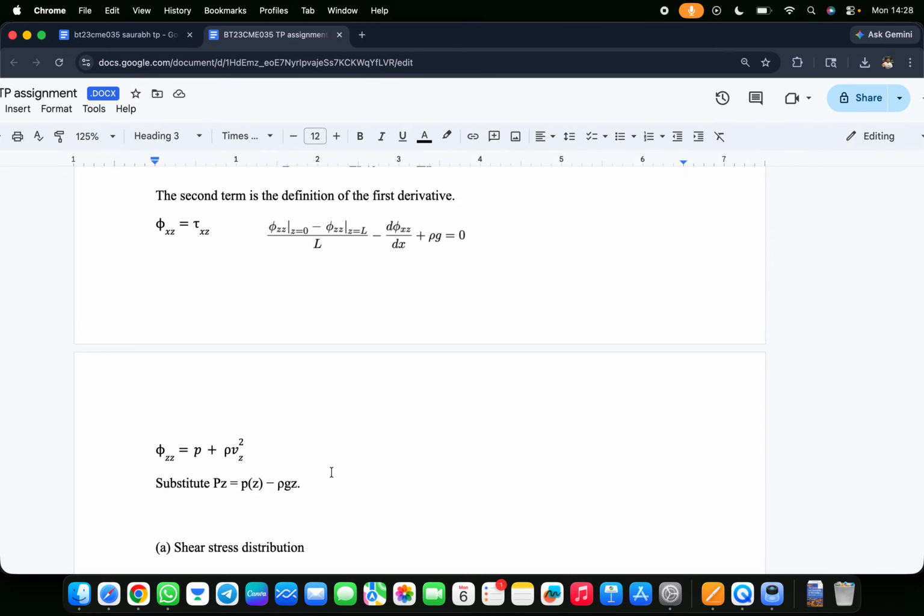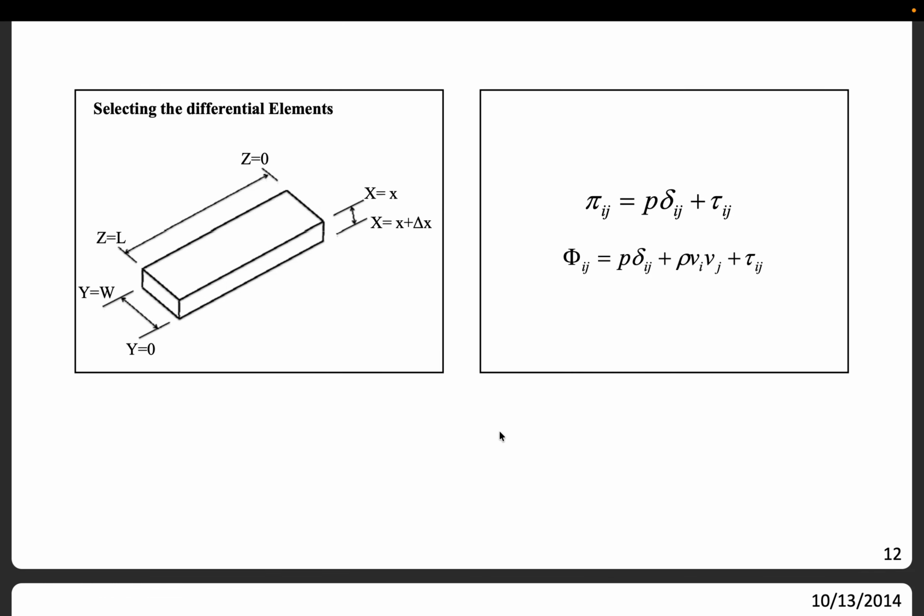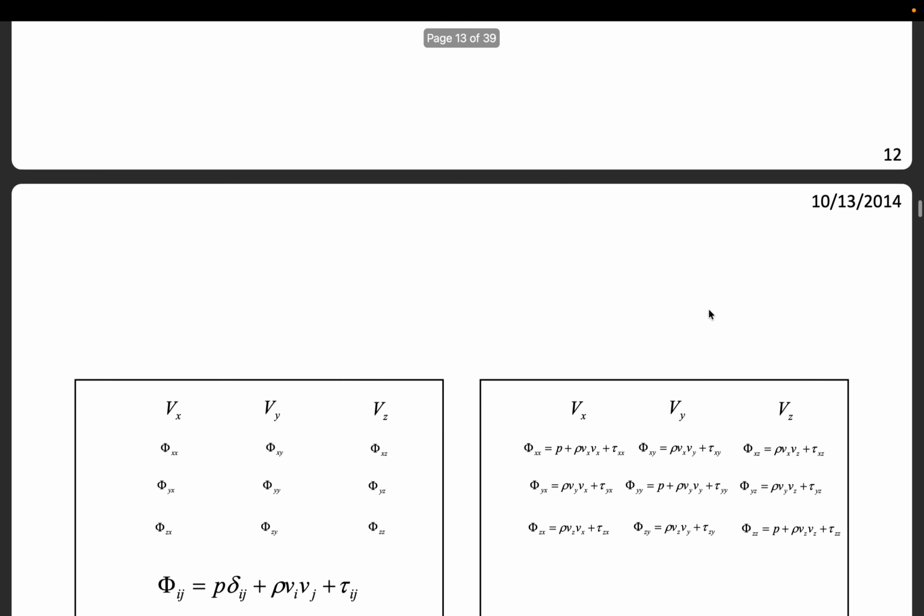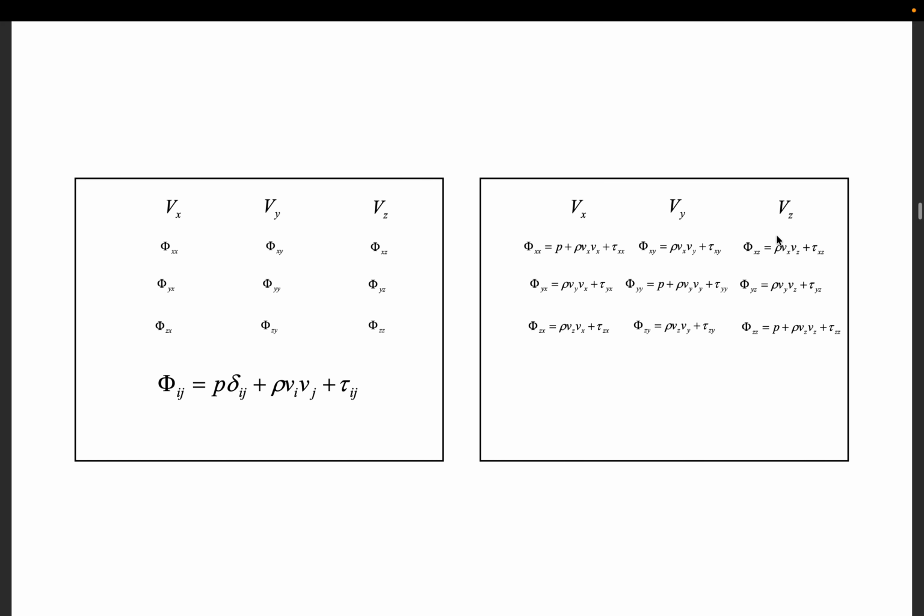Now we will find the value of phi xz and phi zz. We can see here that phi ij is equal to rho v i v j plus p delta ij plus tau ij. Here velocity is only in z direction, so we can take this term to be 0.